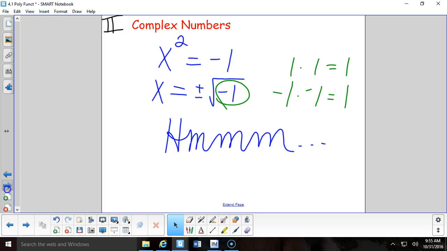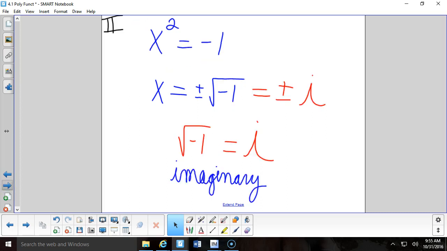And there actually is a purpose. There are practical applications for negative square roots, for i. Electrical engineering is one of those areas that uses complex numbers in some of their calculations. Way beyond where we are right now, but understand it's out there. It's not just fun math. And it is fun, but it has a purpose.